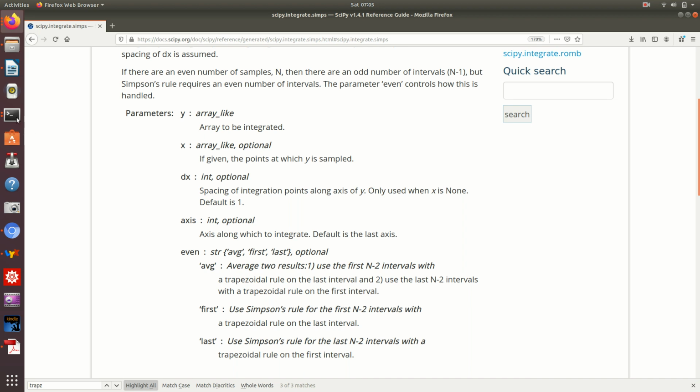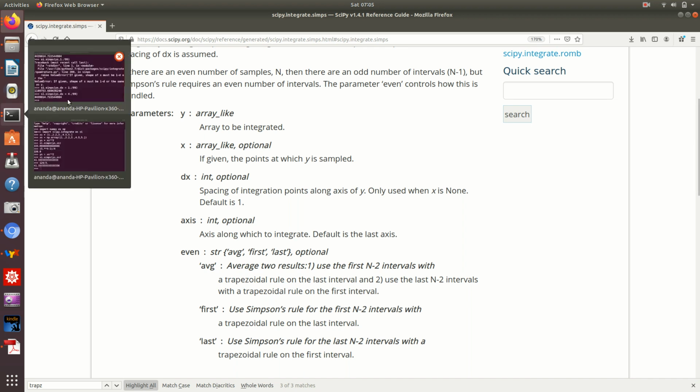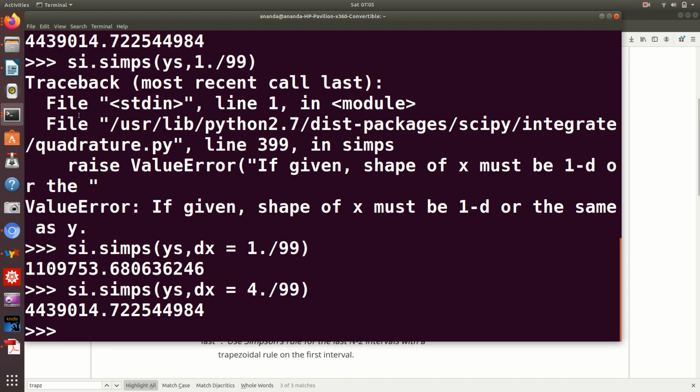So this essentially is all about Simps, except for one thing. You might also be wondering, why do I need to give the x array at all? If it's equally spaced, why not always give the dx argument? Why even have the x as an argument? The answer is we could, as I said, have used this for unevenly spaced samples as well.